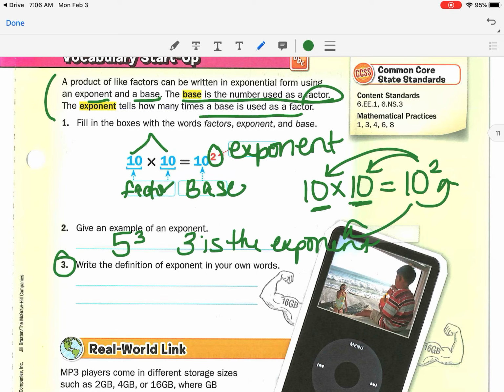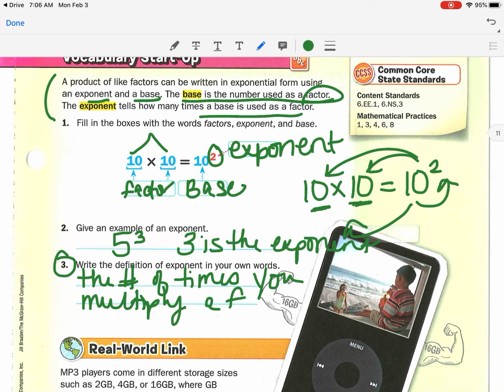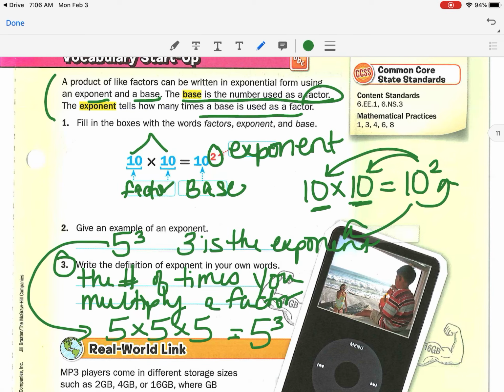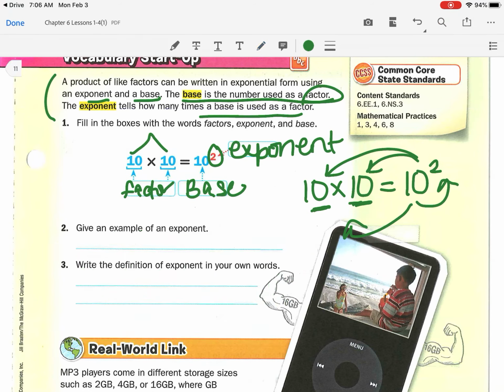So basically, what I would say, it's the number of times you multiply a factor. Okay? For example, if I had 5 to the third, that's going to look like 5 times 5 times 5. So 5 to the third, I multiplied my 5 3 times. Okay? All right, let's turn to the next page.